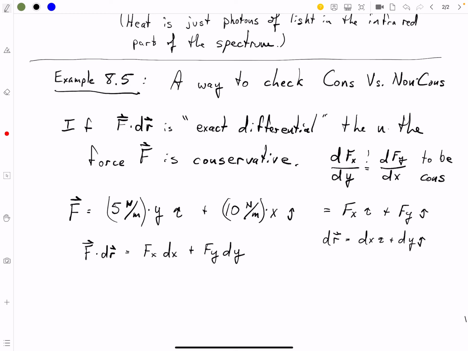What is F of x? F of x is equal to 5 newtons per meter times y. F of y is equal to 10 newtons per meter times x.